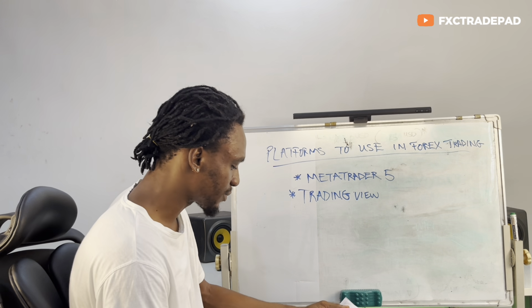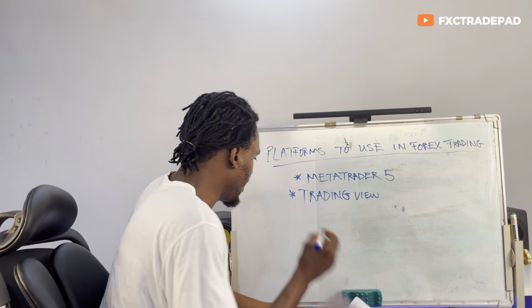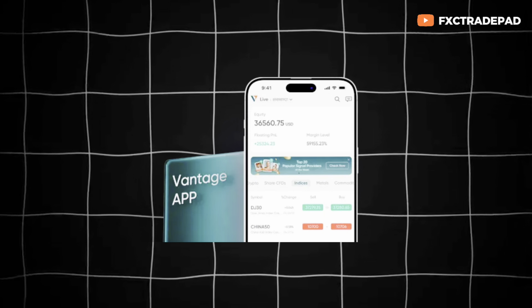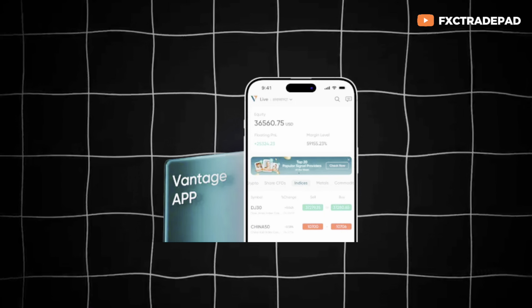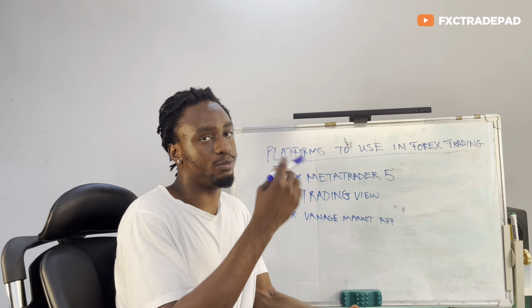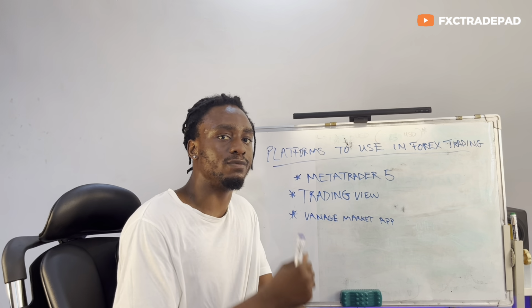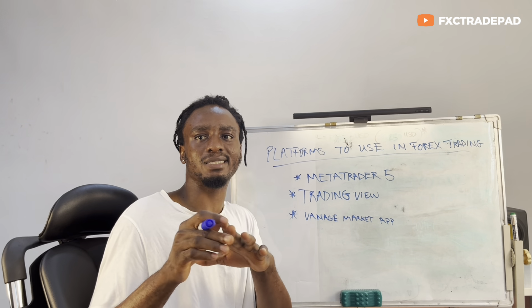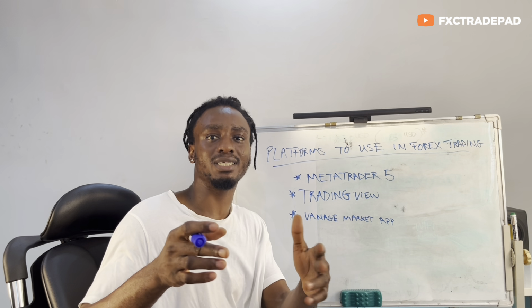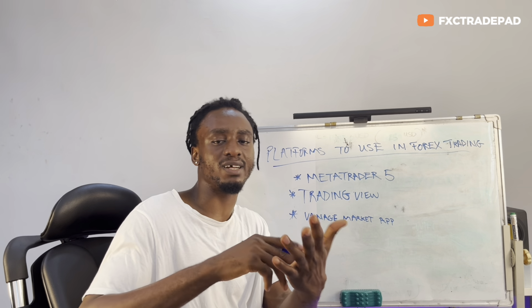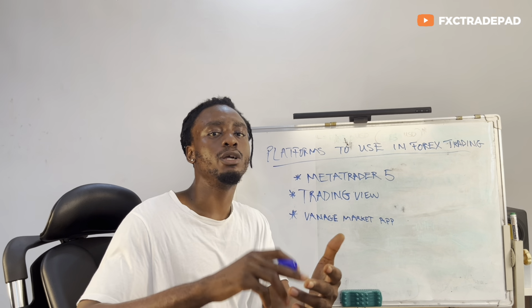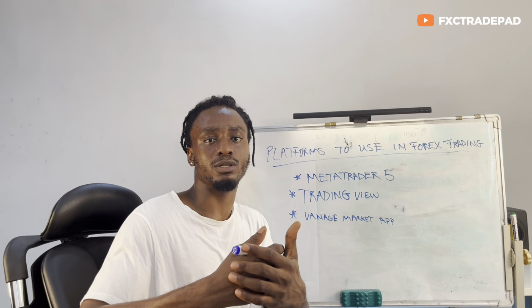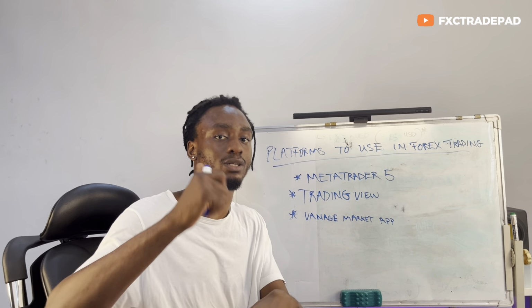The next one we have is the Vantage Market app. The Vantage Market app belongs to the broker I recommended to you in the beginning of this video. It is a quick way in, instead of going to the www.vantagemarket website all the time. You will use the app and log in your details after you've created an account on the website.